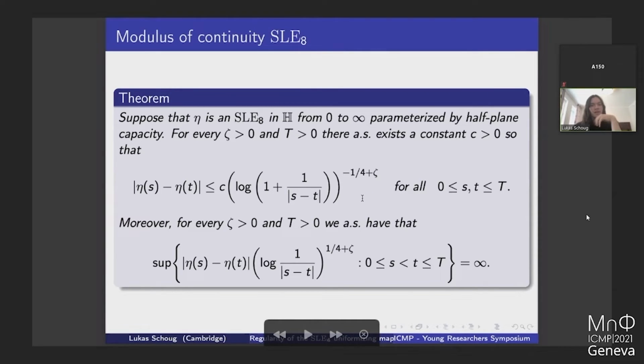And clearly this is not Hölder continuous, compared to other SLE cases. And moreover, this looks very much like the modulus of continuity for the uniformizing map of the SLE4, and that's because they basically arise from the same kind of estimate.